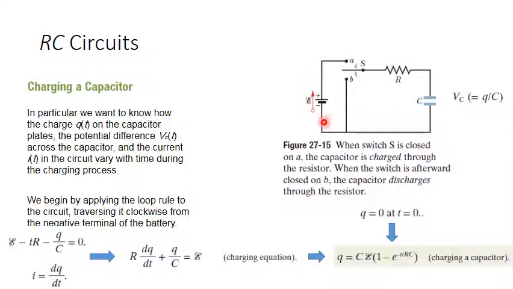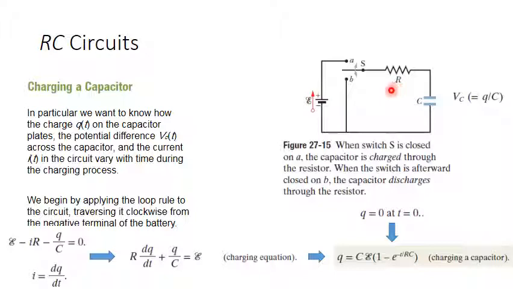When the loop is closed in this way, the EMF device will force charges to go through this closed loop. This forced charge will introduce a current, and this charge would be accumulated on the capacitor to charge the capacitor.